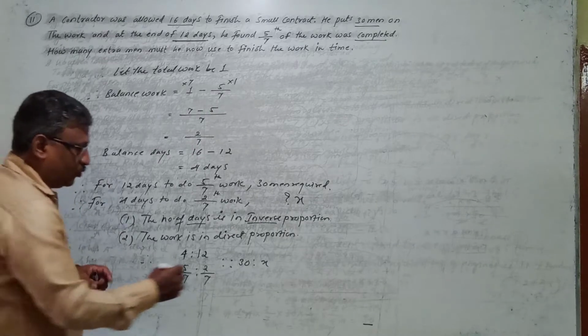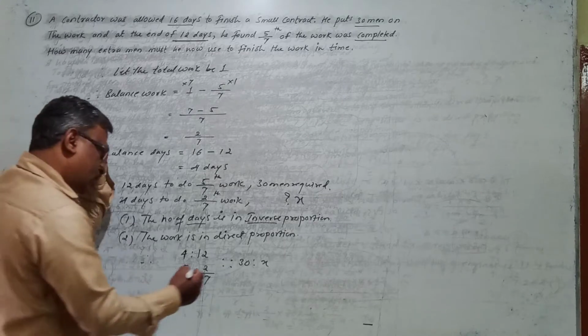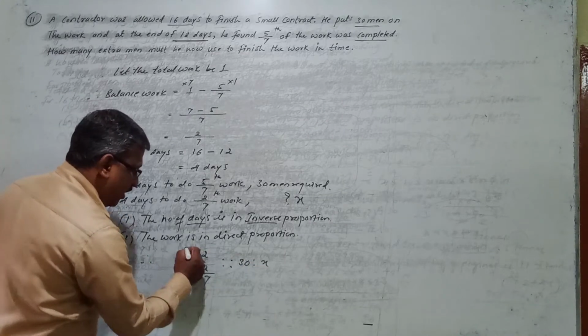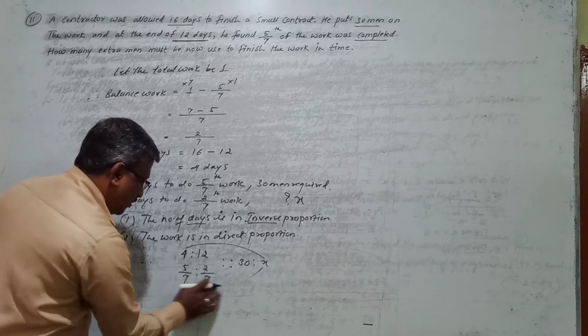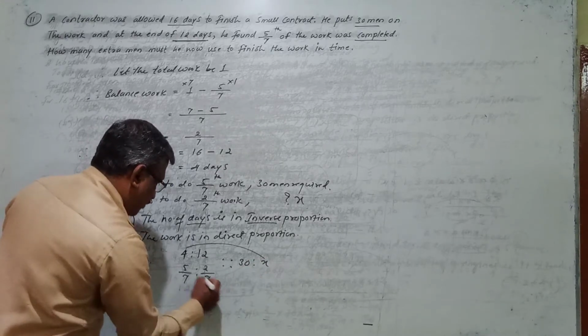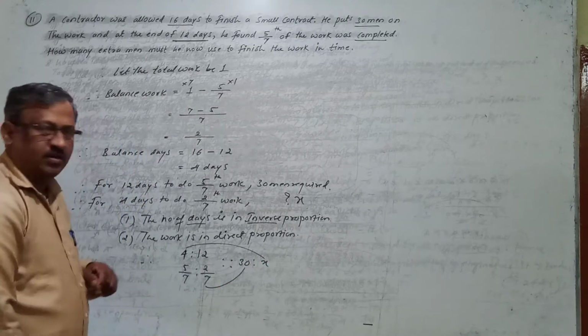Now to estimate the value of this x, what do you have to do? You have to use the rule of proportion. What does the rule say? In a proportion, the product of extremes is equal to the product of means. Your extremes are these last two terms, and the middle two terms are called your means.